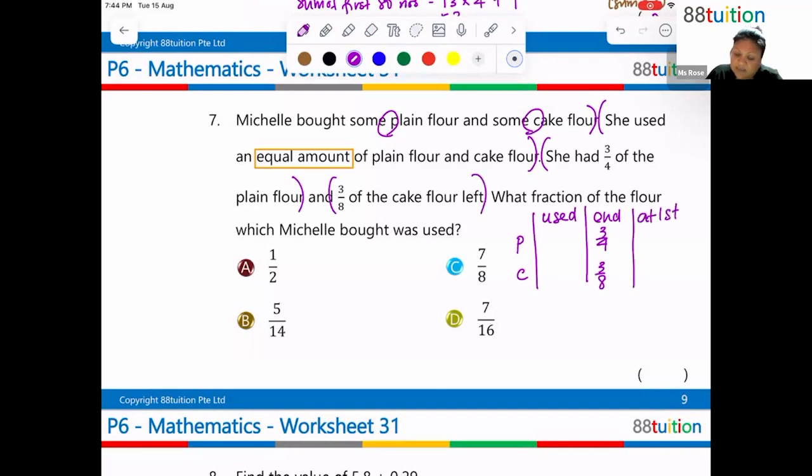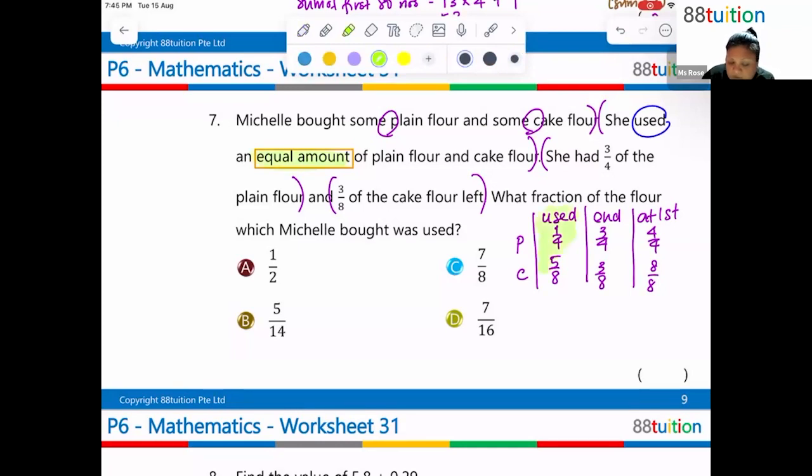So that means if at first it makes up 1 whole, what was used? 1/4 and 5/8. Now, you can see from here that the question says she used equal amounts of flour.